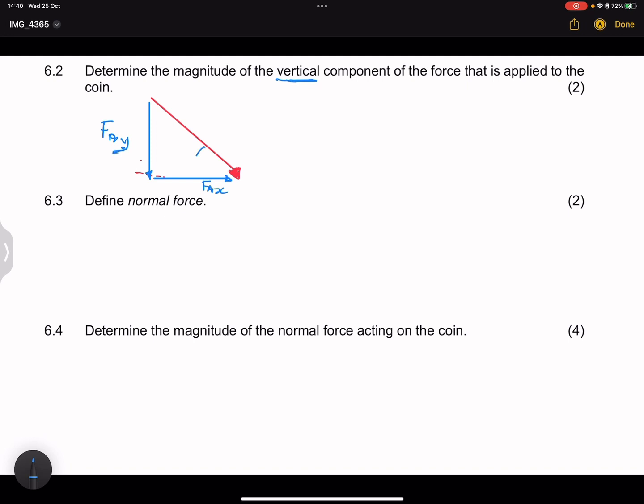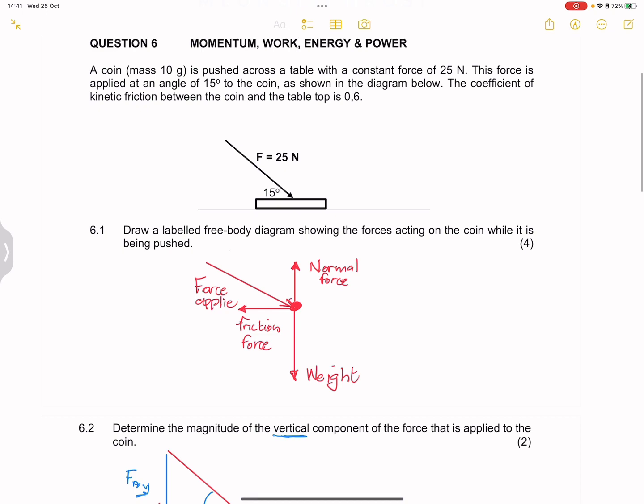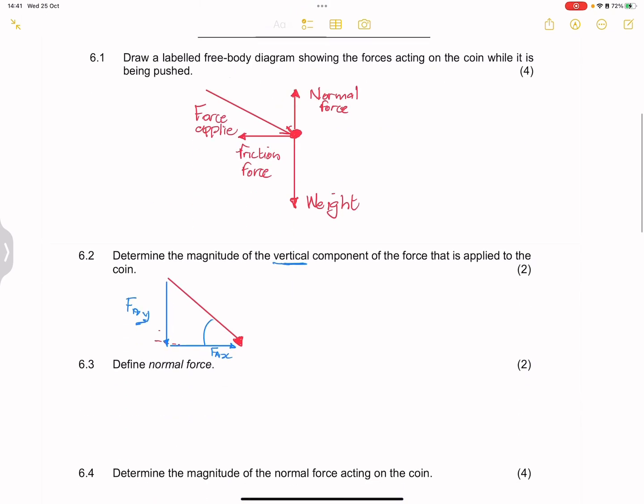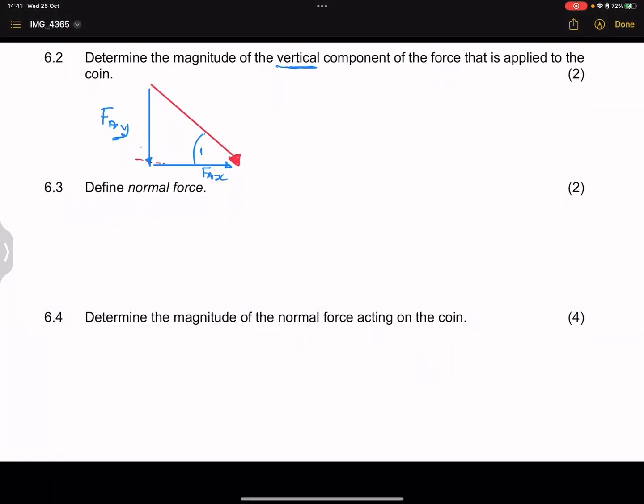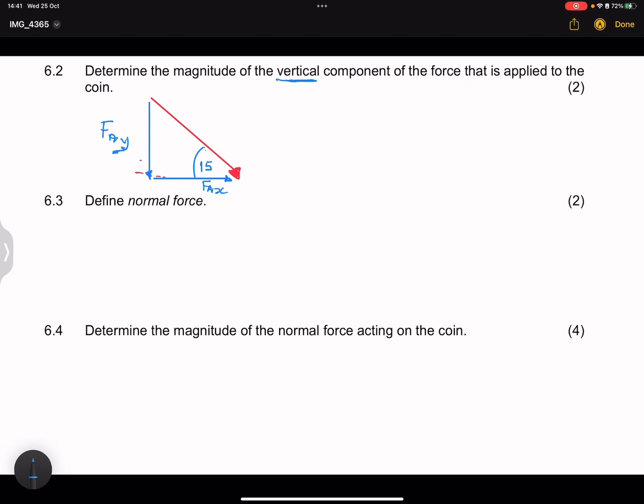Now remember, this angle here was given to us. They said we are at an angle of 15 degrees to the horizontal, so this angle will be 15 degrees. The horizontal and the vertical make a 90-degree angle there, so I've created a triangle. Which side are we looking for? We are looking for the vertical component, which is FAY.